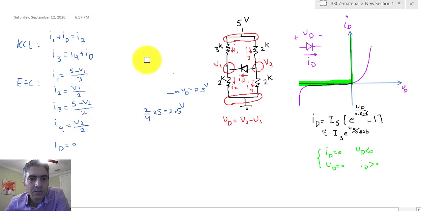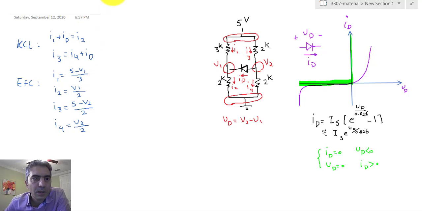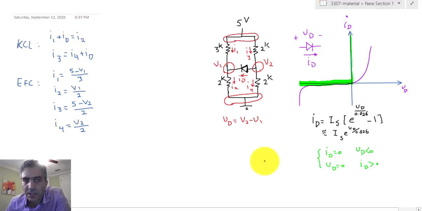Now if you're doing this for homework, you don't have to remove anything, you just do it again with the correct assumption. So this time the equation that I'm going to use is VD equal to 0. Now again, for this to hold, ID has to be a positive number.